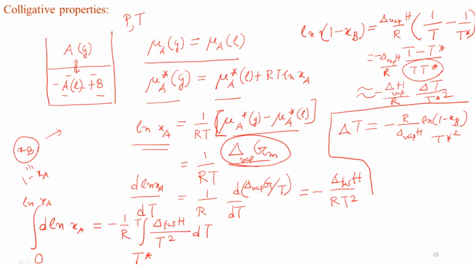So ln of 1 minus XB you can approximate to be minus XB, and then you can further write it as R divided by delta vaporization H, times T star squared into XB.